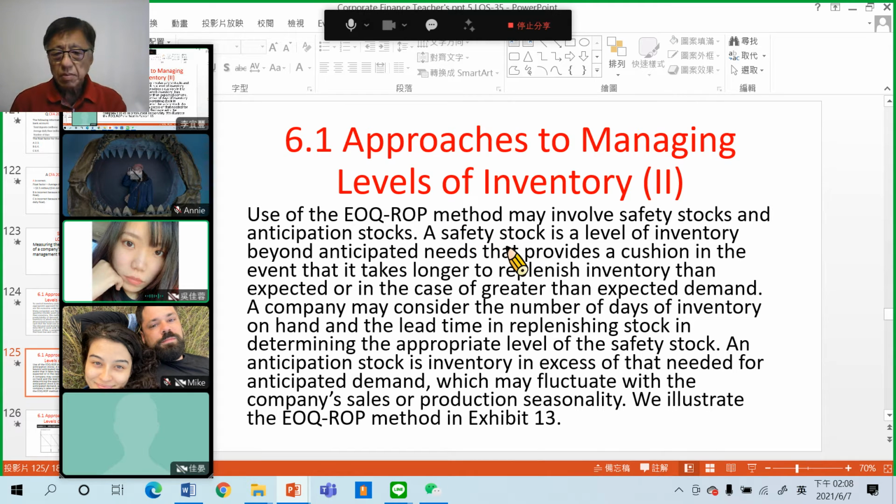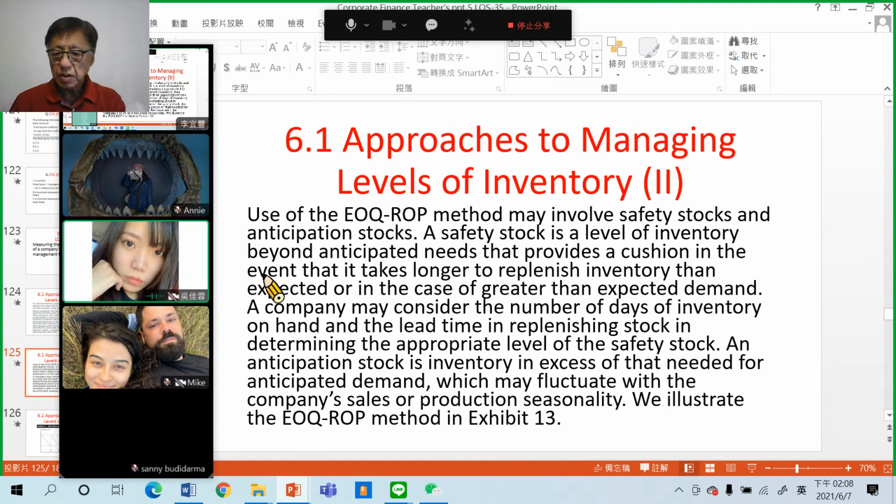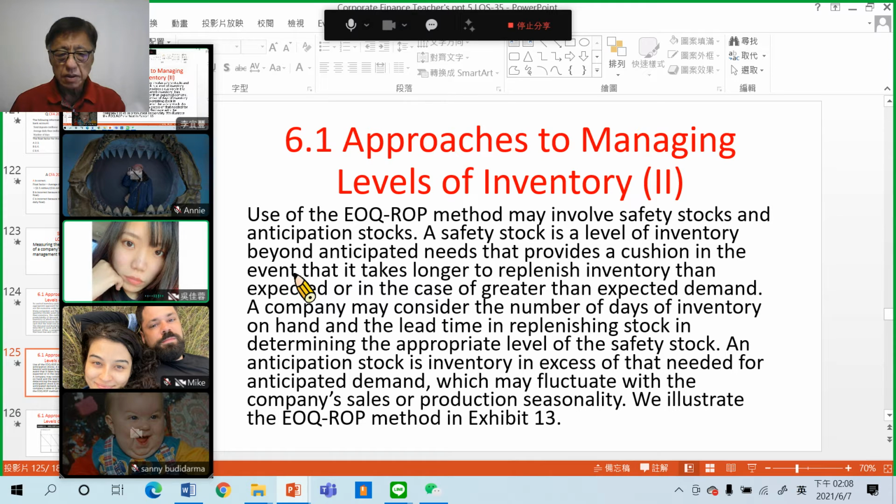Use of the EOQ ROP method may involve safety stocks and anticipation stocks. A safety stock is a level of inventory beyond anticipated need that provides a cushion in the event that it takes longer to replenish inventory than expected, or in the case of greater than expected demand.